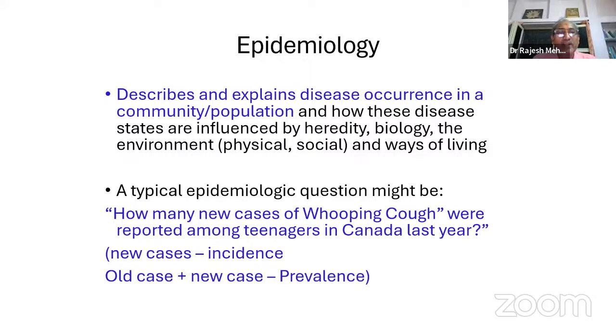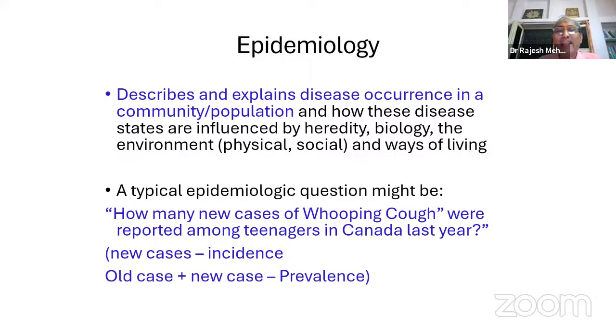Another question could be, how many new cases of whooping cough were reported among teenagers in Canada last year? This is one question from the Canadian context. In our case, we can say, how many cases of heat stroke are occurring in Rajasthan. So in this case, the words incidence and prevalence look very simple, but they are not that simple.